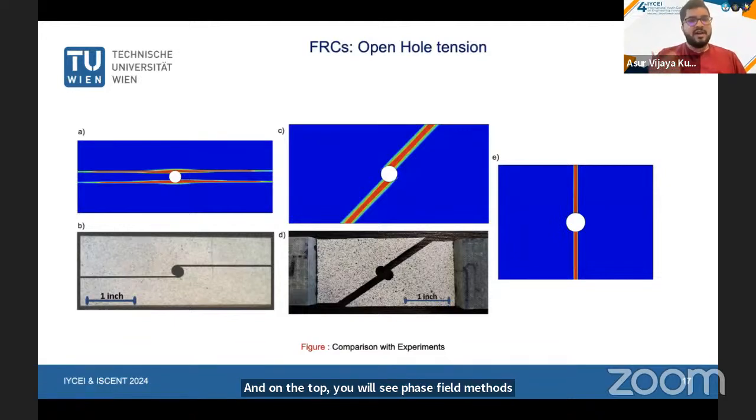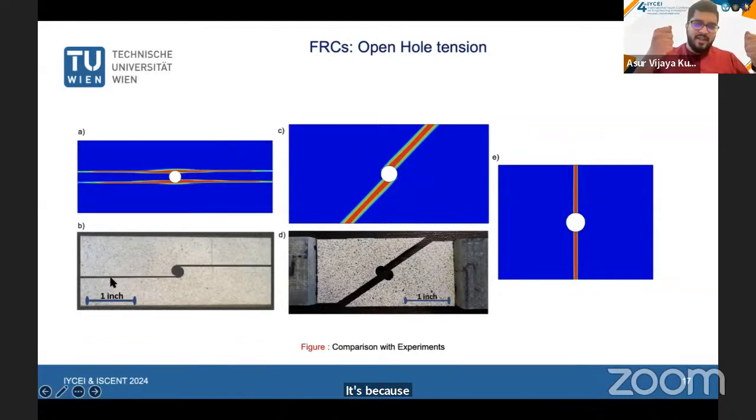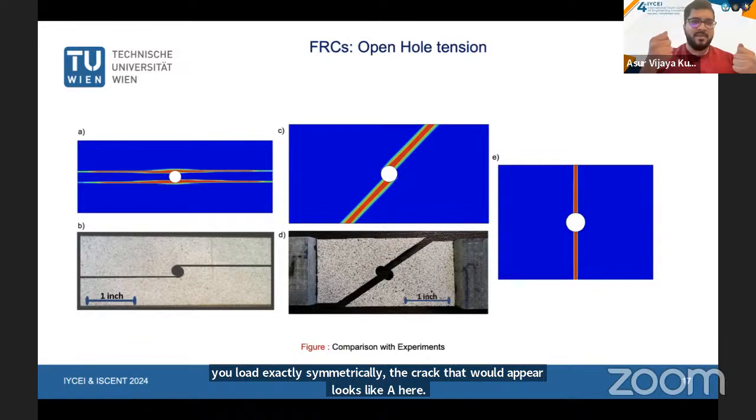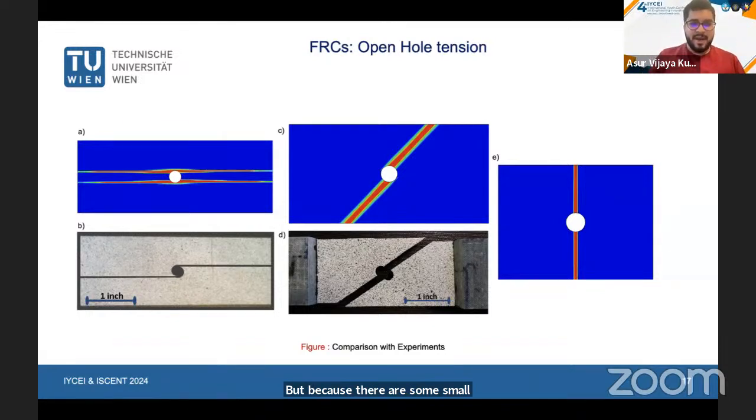So you can also ask this question, Pawan, in A, it's very different from B, right? Why are you showing us there are two cracks like this? It's because in the experiments, if you load a little bit differently, or if you load exactly symmetrically, the crack that would appear looks like A here. But because there are some small problems in the experiments, either it chooses a path like this, or it chooses the opposite path.